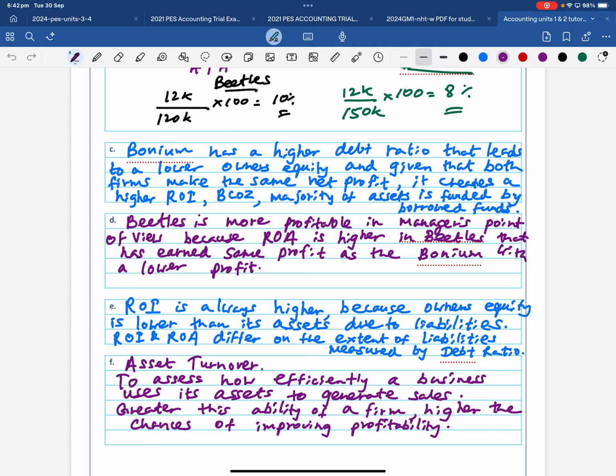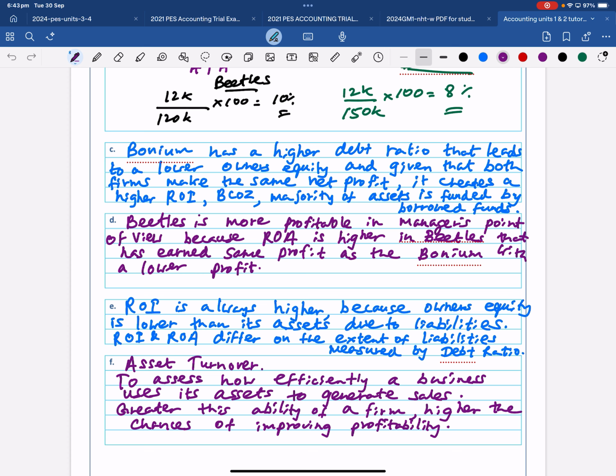So for ROA, we evaluate the profitability of the business, assessing the net profit based on the total assets. But for ROI, we evaluate the profitability only for the owner's capital, right?